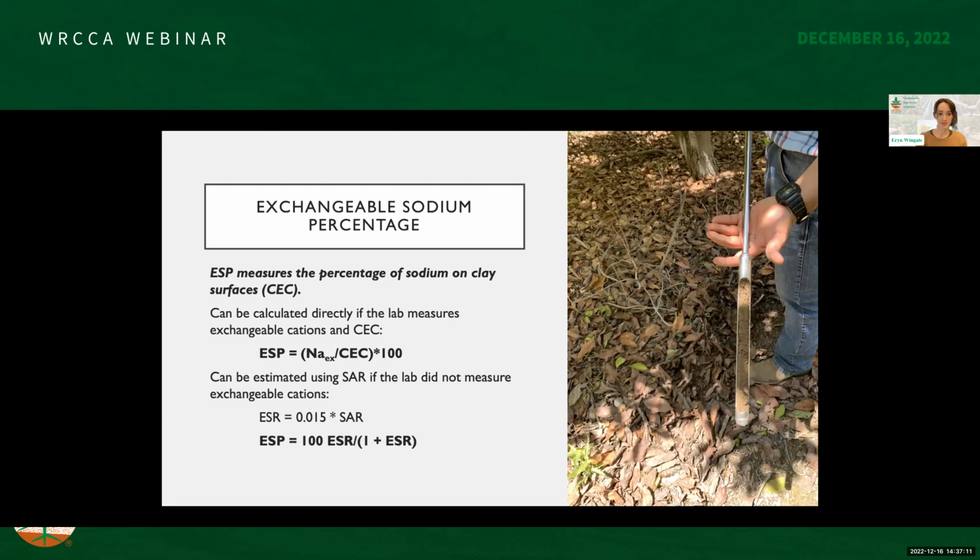And so this is just the calculation of how to get it. It can be measured directly if the lab is measuring the exchangeable cations on the CEC. If the lab didn't do that exchangeable extraction method, if instead they did a saturated paste with distilled water, then they're measuring the sodium adsorption ratio, and you can use that number to calculate ESP.